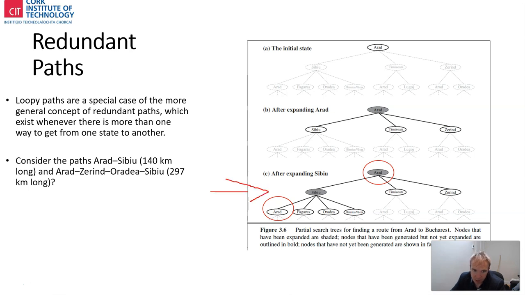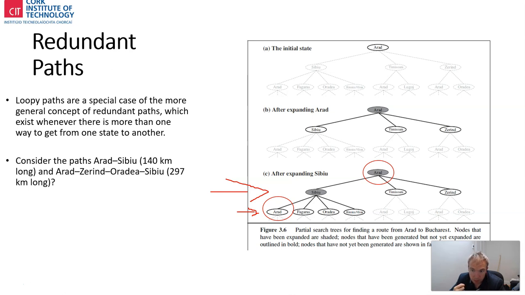So if we see it down here, okay? At this point, being in Arad is a repeated state in the search tree, and it's generated by a loopy path in this case. If we consider loopy paths, the complete search tree for Romania will be infinite because there's no limit to how many times we can traverse the loop.